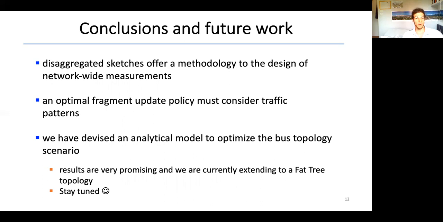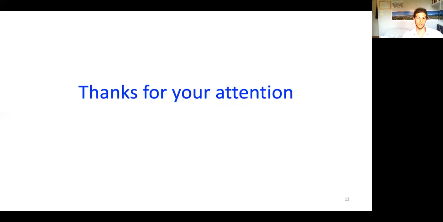In our group, we actually have already derived a refined analysis for finding the optimal number of updates for the simple bus topology scenario, and we're currently getting quite good results, and we are extending to a more general fat tree case. So I invite you to stay tuned, and thank you for your attention.